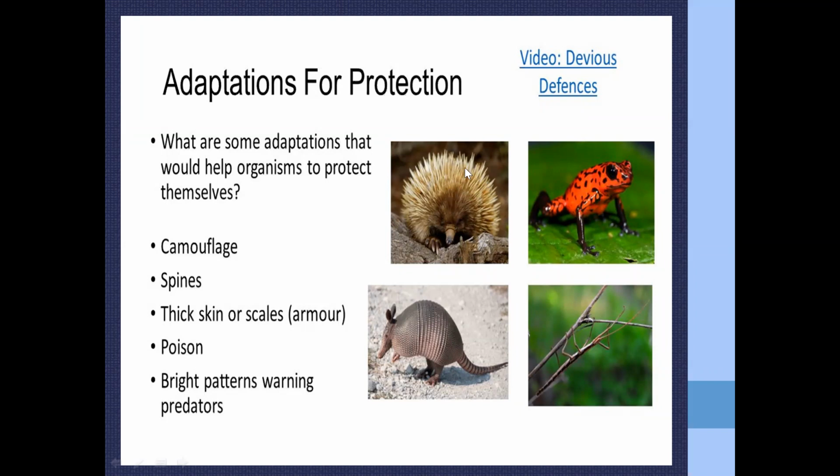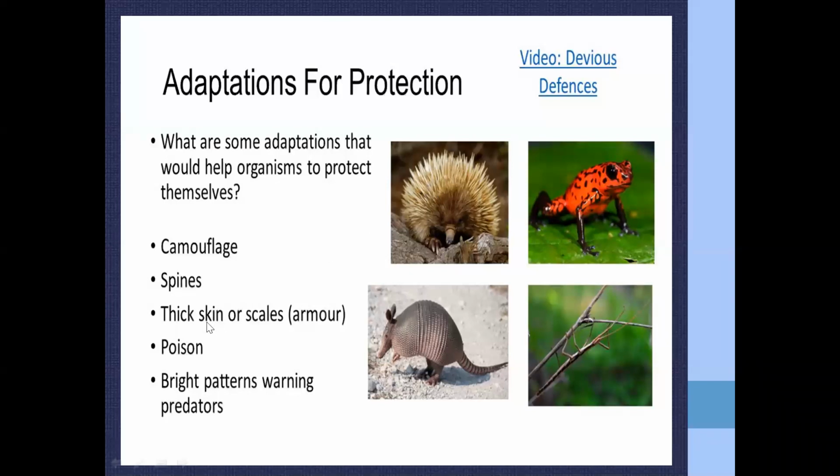When an animal has these spines on its body, definitely no other animal will come to prey on it or hunt it, because these spines may be very sharp and will hurt any other animal. So it is also a protective adaptation for certain animals.